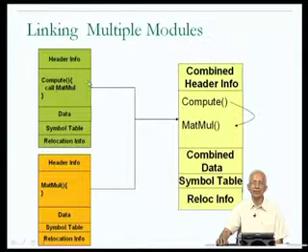So what LD does is it takes the different object files which have to be merged into one and combines their headers into one header. It combines their code into one code. If you examine the upper block, that is the object file generated from my hello.c program, and it contains a call to a function called matmul.